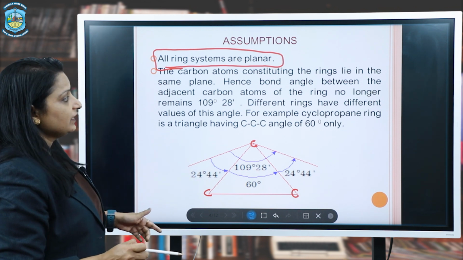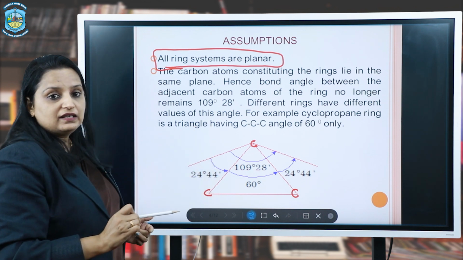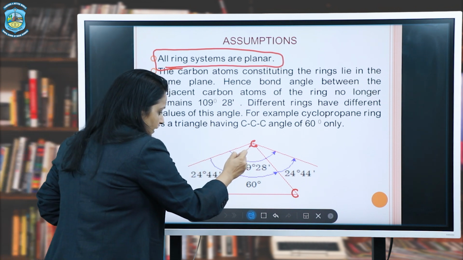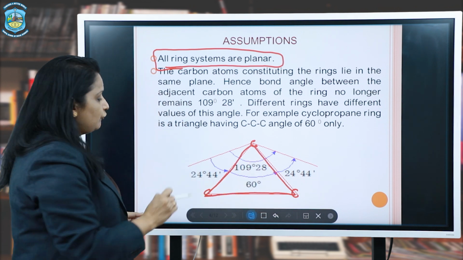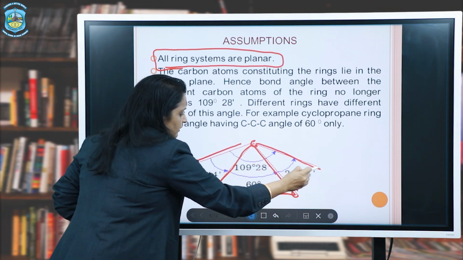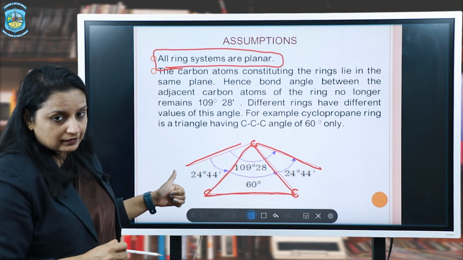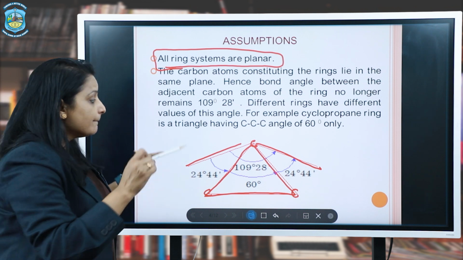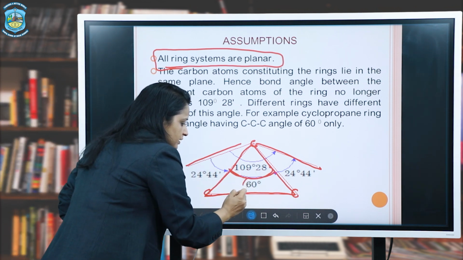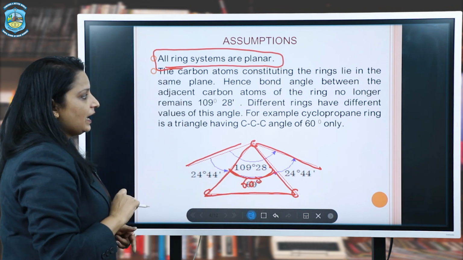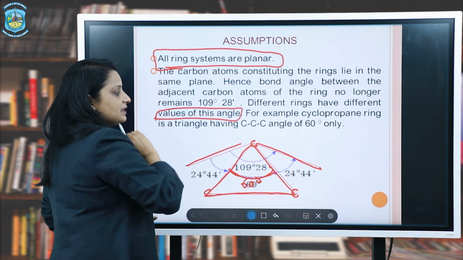Hence, in this condition, as you can see in the diagram, when I have constructed a ring structure from an open chain structure, then this ring no longer has an angle of 109 degree 28 minutes, but instead the angle is reduced to 60 degree, and different rings can have different values of this angle.